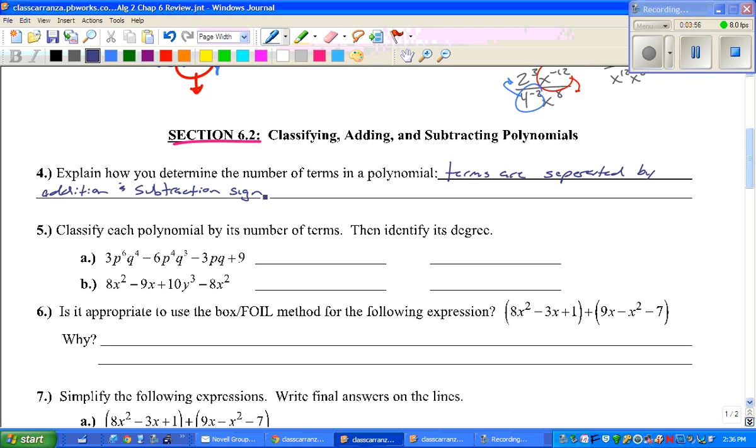When you see those signs, they help separate the terms, so you use those to decide.